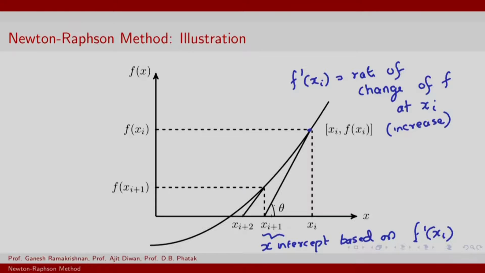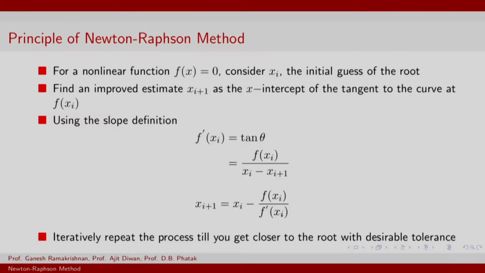Let us look at theta, the angle made by this descent direction. What we expect tan theta to be is this height, which is f(xi) minus 0 divided by xi minus x(i+1). So if xi was the initial guess of the root, the idea is to find an improved estimate x(i+1) as the x intercept of the tangent to the curve at f(xi).